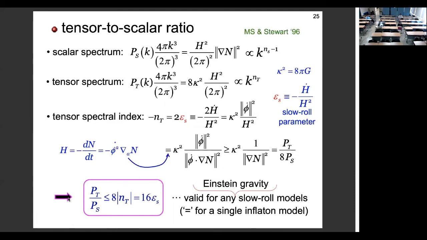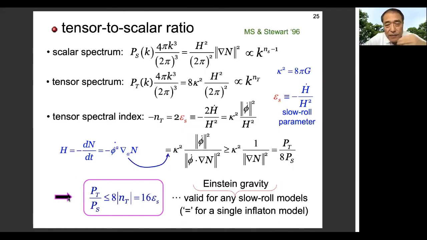So in order to obtain the tensor spectrum, what kind of things should be measured? This is the project which is going on right now, LiteBIRD, which is aiming for that.